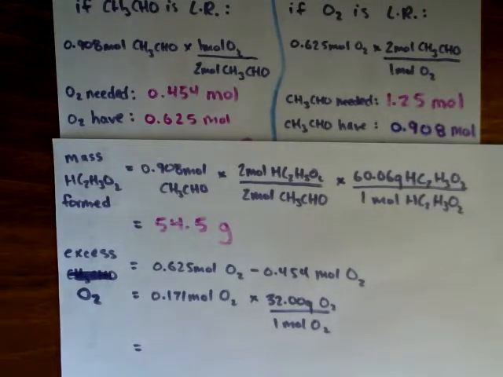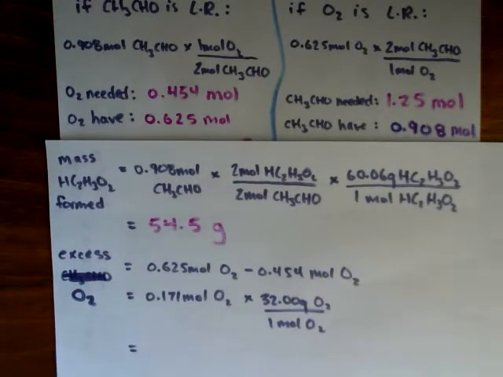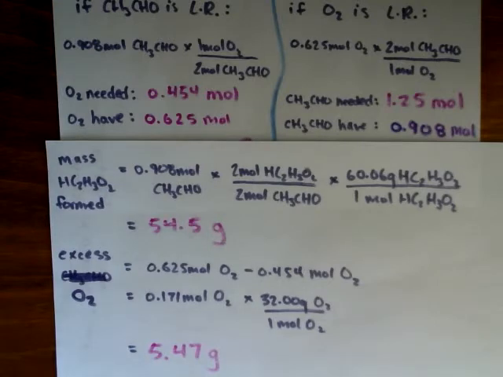We convert that to a mass through our molar mass of oxygen gas. And if we do that, we end up with a value of 5.47 grams of excess oxygen gas.